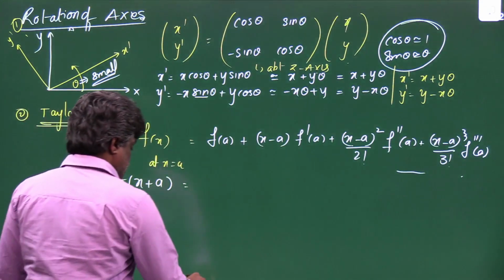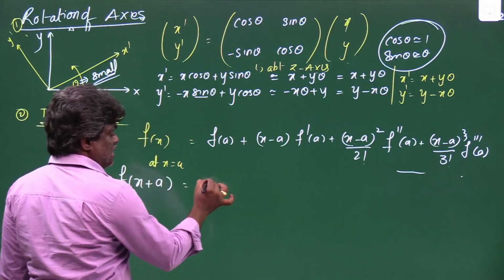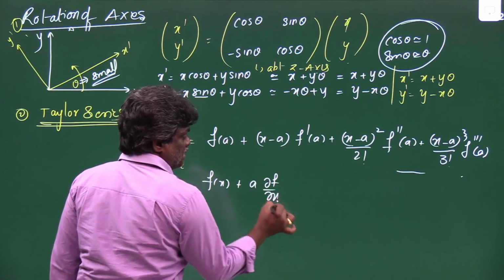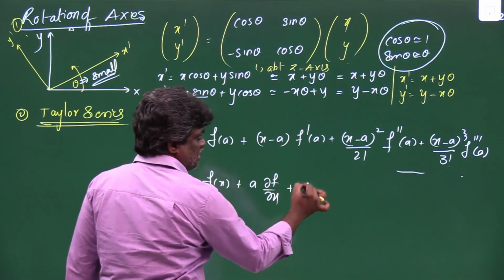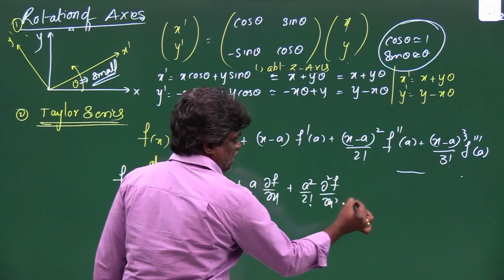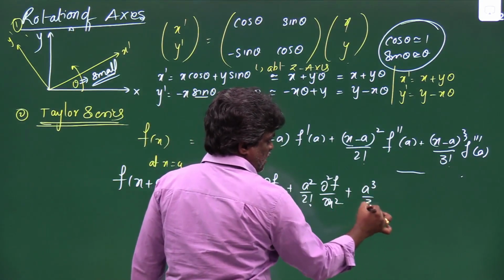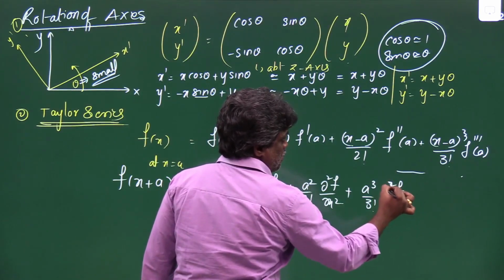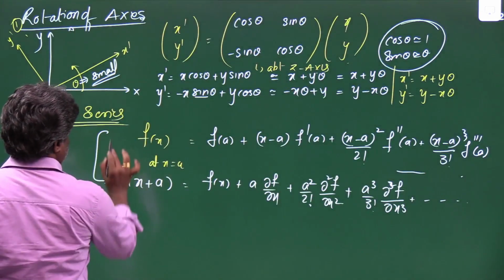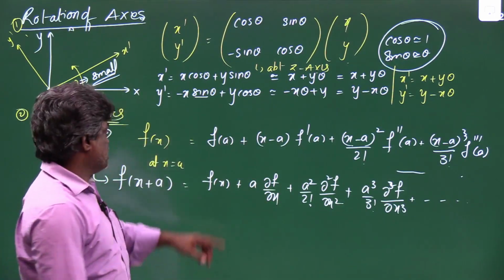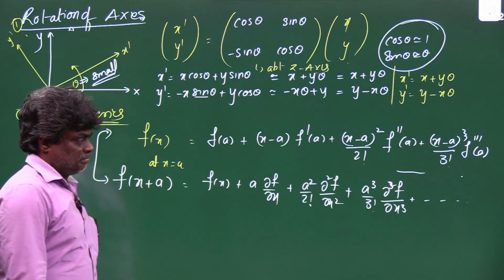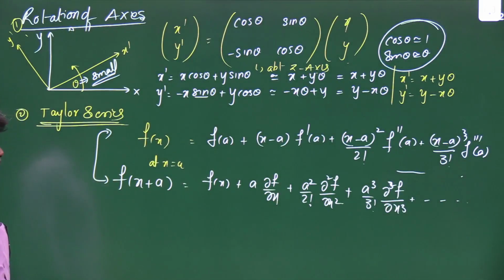See this one. f of x plus a is f of x plus a into dou f by dou x, meaning first derivative, plus a square by 2 factorial dou square f by dou x square plus a cube by 3 factorial dou cube f by dou x cube, and so on. Both are Taylor series, but different forms. This is the expansion of f of x at x equal to a. This is the expansion of f of x plus a. Here x is not equal to a.